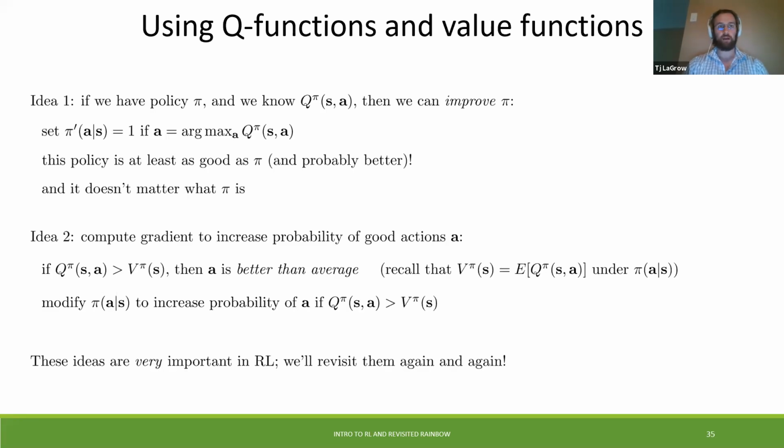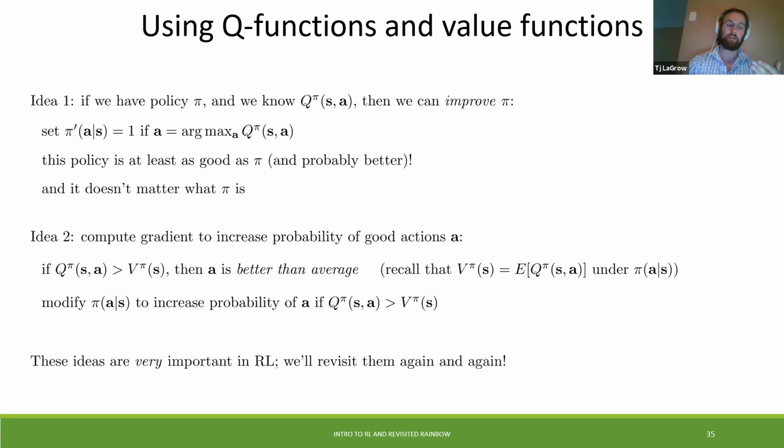And so when using these Q functions and value functions, we have a couple different ideas that we could use. So if we are given a specific policy pi, and we know the Q function here, we can improve our policy by setting the state action to 1 if we are maximizing our Q function. And this is saying that this policy is at least as good as our maximum policy or even better, but it doesn't matter necessarily what our policy is.